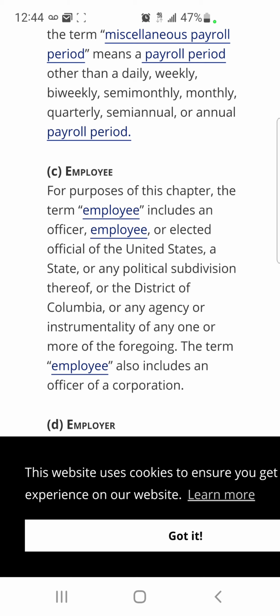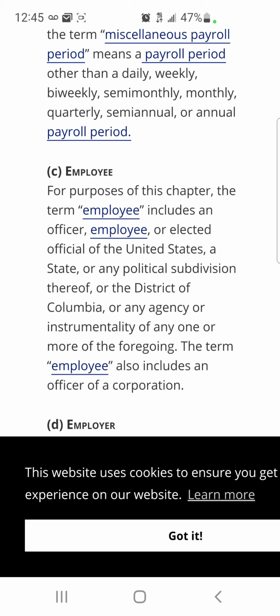If you don't have nothing to do with the United States or the District of Columbia or any agency or instrumentality, that's going back to the Department of Children and Family Services, the Illinois Department of Transportation, whatever, you know what I'm saying? Those are what those instrumentalities are, agencies or instrumentalities. They're subsidiaries. That's another way of saying subsidiary. They just don't say subsidiary because that sounds more corporate.